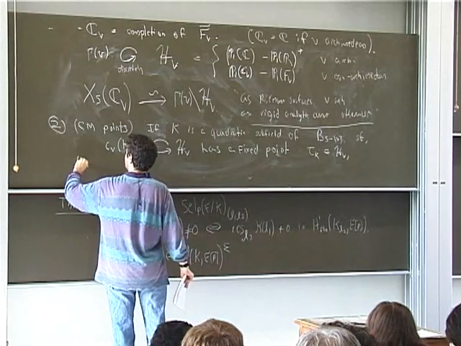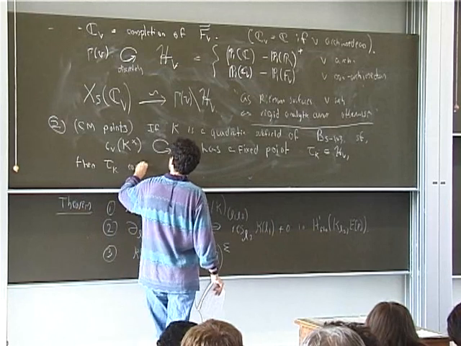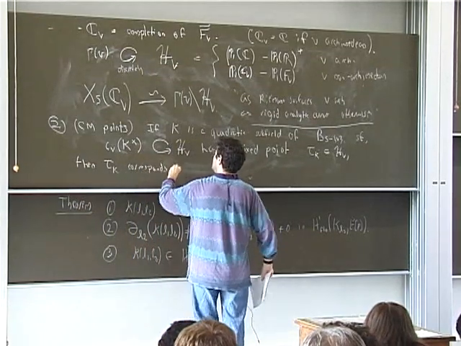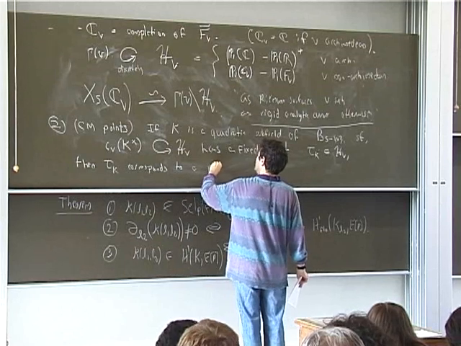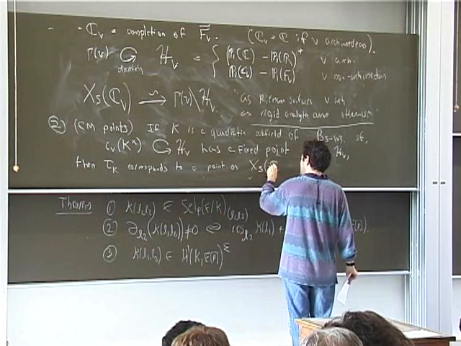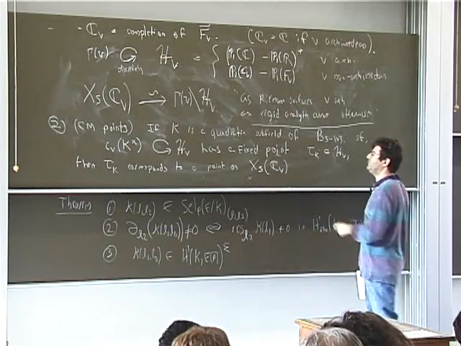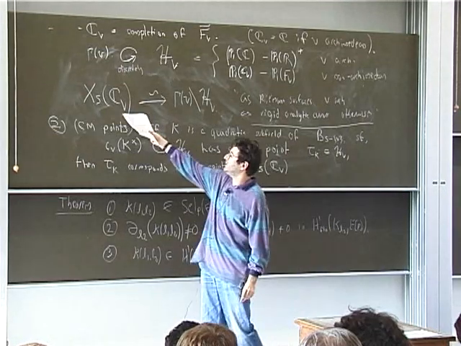then tau_K gives a point on X_S of C_V, because of the analytic description. So it's a point on this H_V. Therefore, I can view it as a point on X_S defined over C_V.